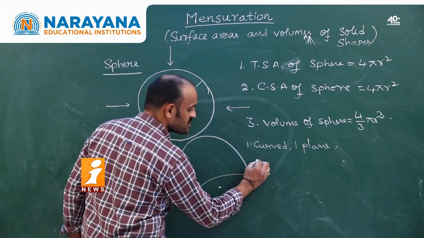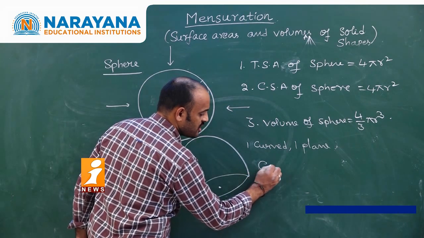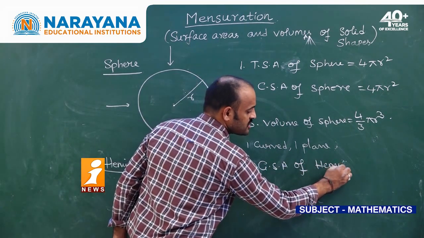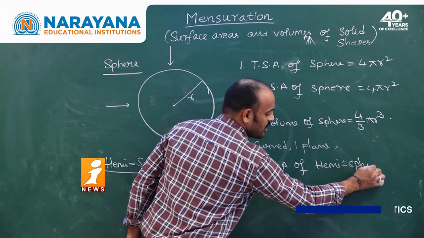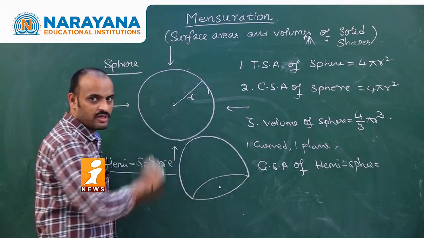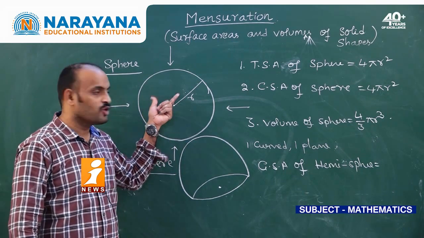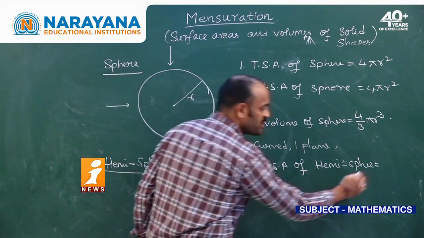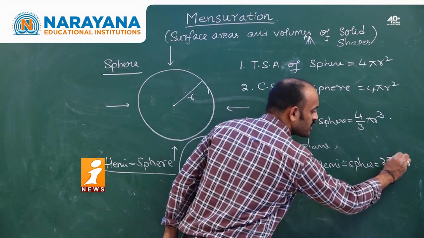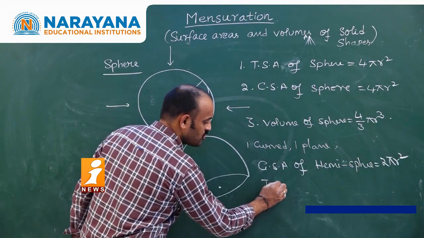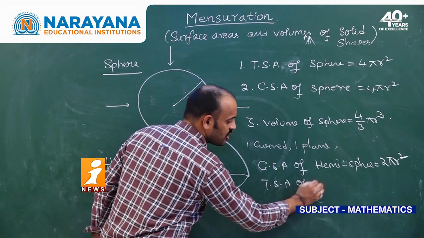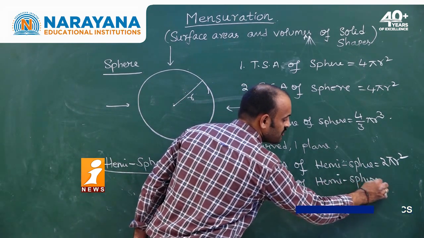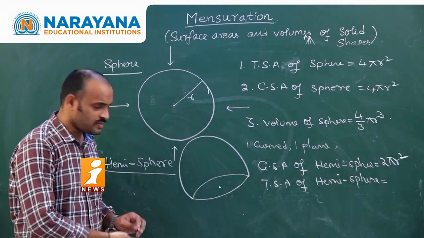So what is the curved surface area here? The CSA of a hemisphere is half of the surface area of the sphere. The sphere surface area is 4 pi r square, so for the hemisphere it will be 4 pi r square by 2, which is 2 pi r square. Next, the total surface area of a hemisphere.